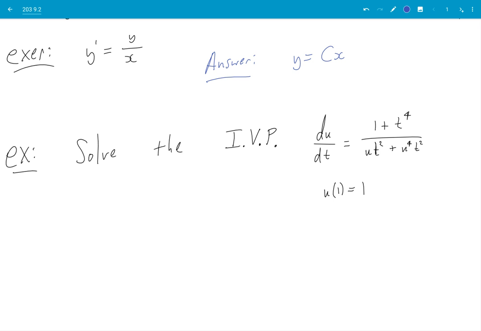Okay, so we're going to do a separation of variables first, and we'll end up with something with a constant in it. But then we'll be able to specify the constant using this initial value.